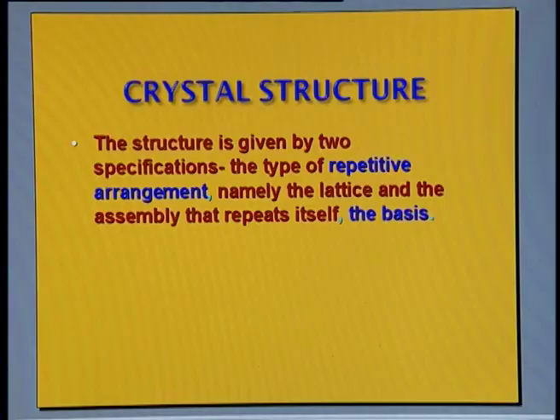And as I told you, the basis is repeated continuously on the lattice, so that it will be converted into the crystal structure. This is the answer to your question on how to distinguish between the lattice and the crystal structure, and also the related concepts of primitive and non-primitive unit cells.